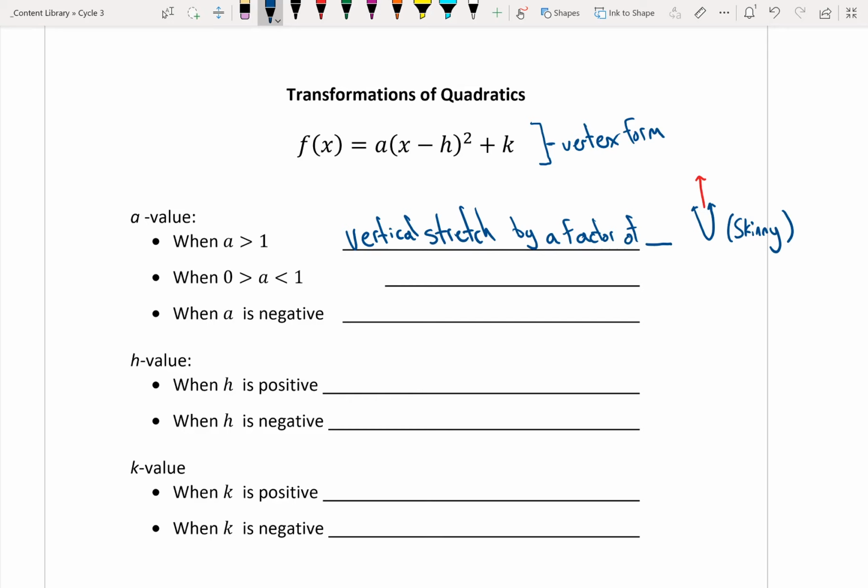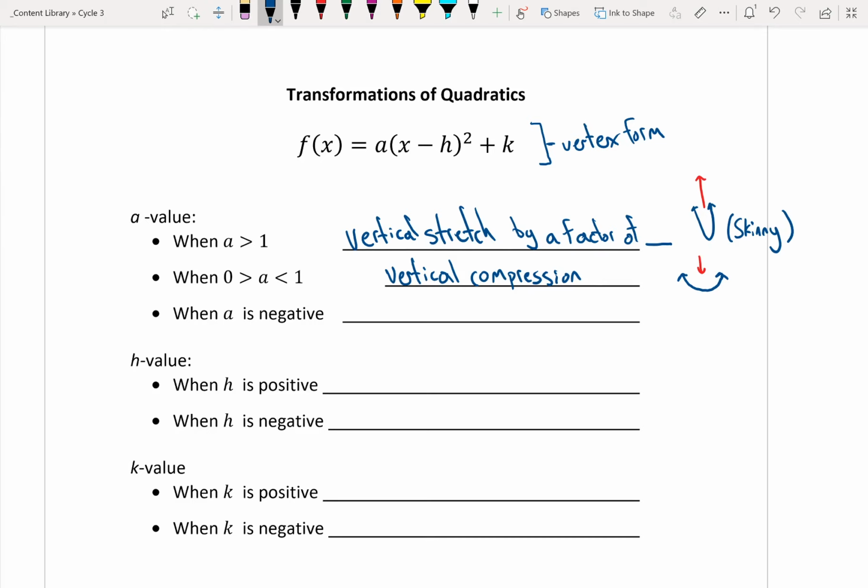When a is between 0 and 1, we have what is called a vertical compression. This is where we take our parabola and we smush it down or compress it. If we compress it downwards vertically, pushing it down from the top, we get something that's more spread out.